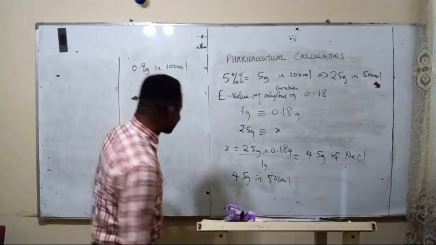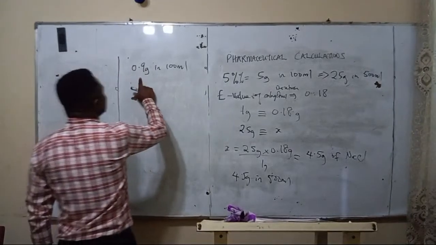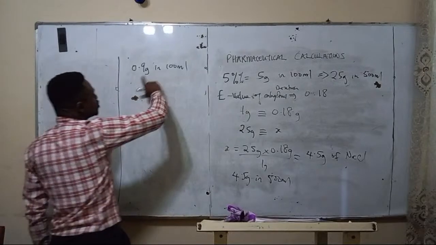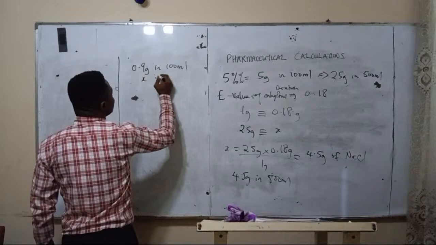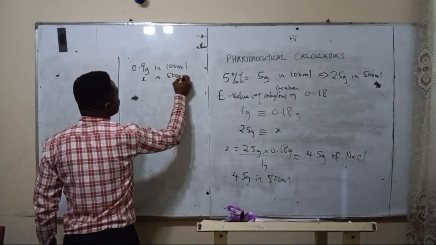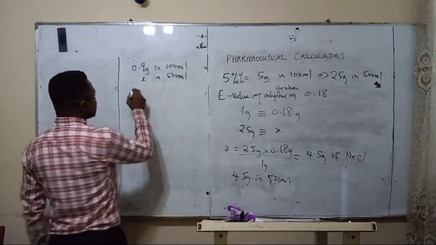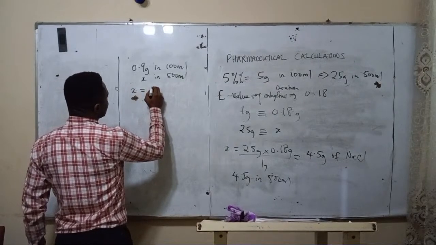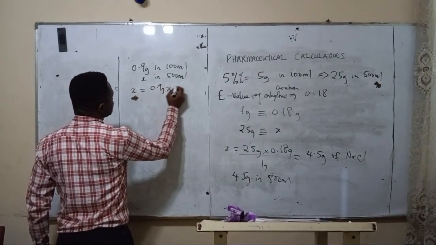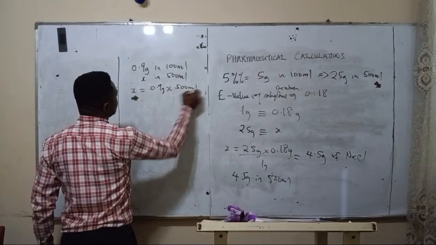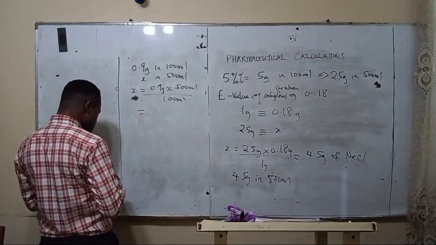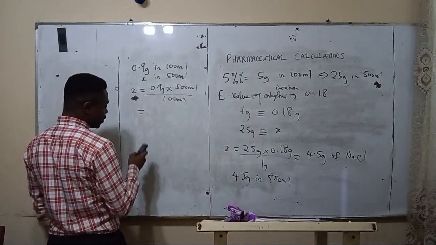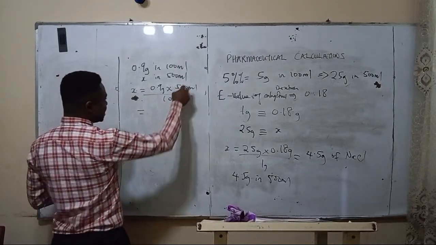So let's confirm it. If 0.9 gram of sodium chloride in 100 ml is isotonic, how many gram in 500 ml will be isotonic? So S is equal to 0.9 gram times 500 ml over 100 ml. Ml cancels ml. 500 divided by 100 is 5.